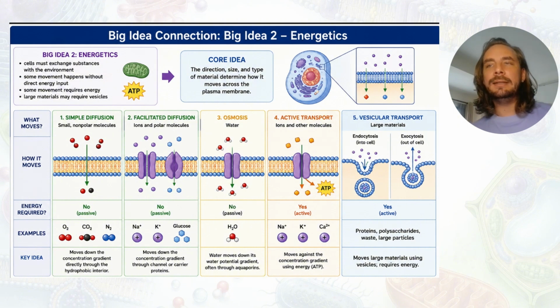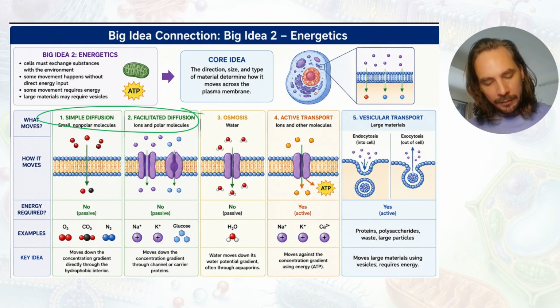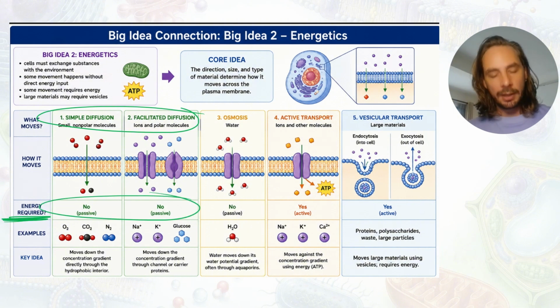Now the big idea connection here is that cells need to exchange materials with the environment, okay? And they also need to let some things out. We need to understand that some molecules can be transferred without energy, so energy is not required.